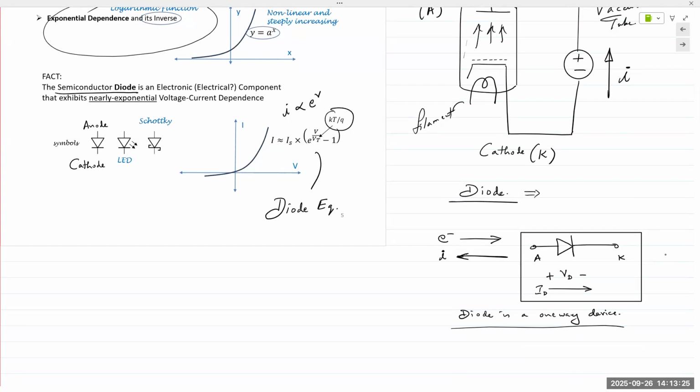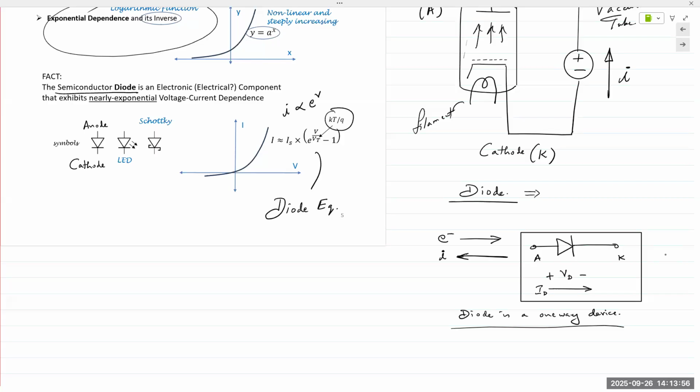From AC to DC. I'll talk about that in a bit. But is everybody clear? A diode, anode is always the positive reference, cathode is always the negative reference. More importantly, it's a one-way device. One-way device. So far, so good.